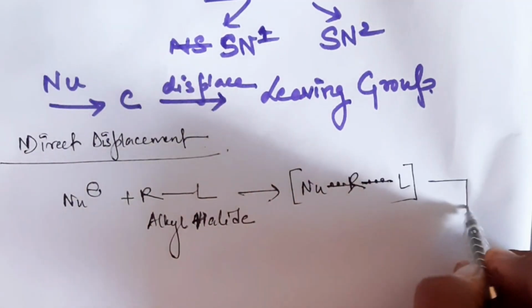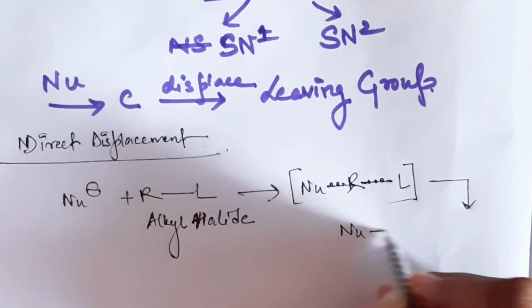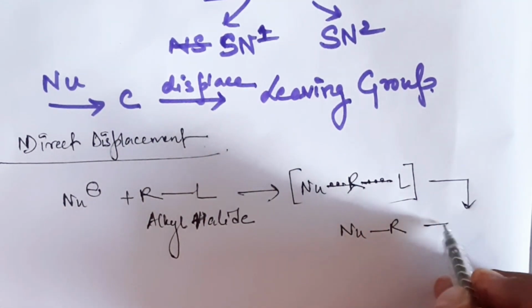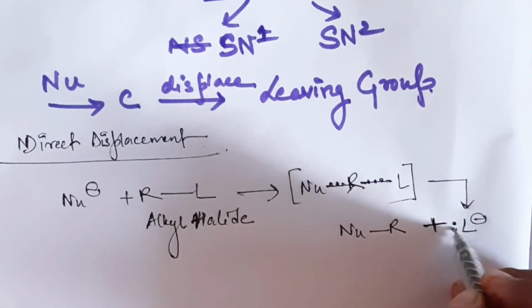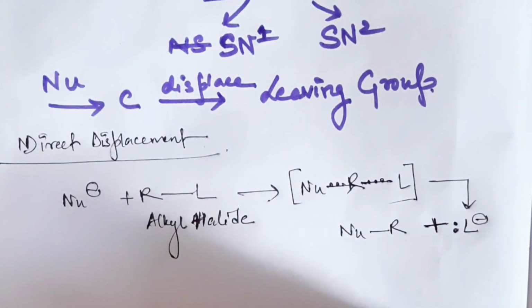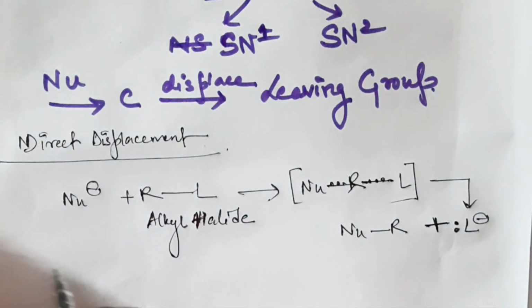Then in the next step the nucleophile takes the position of the leaving group, and the leaving group goes out as an anion. So this is the direct displacement method.